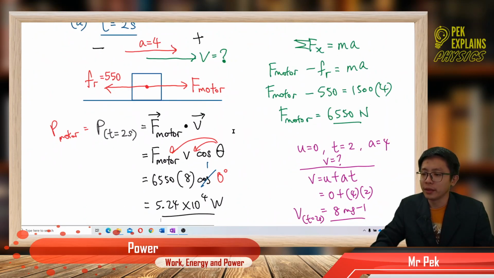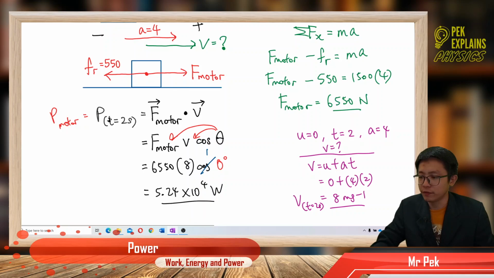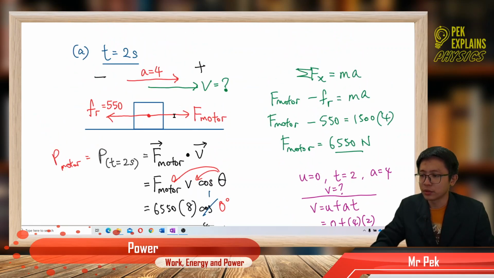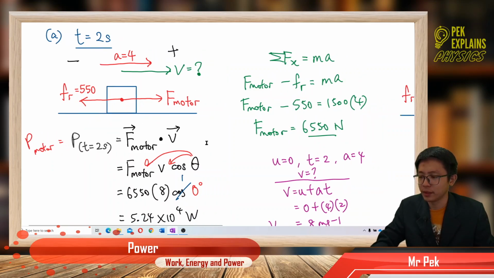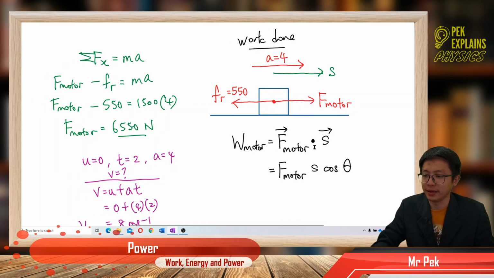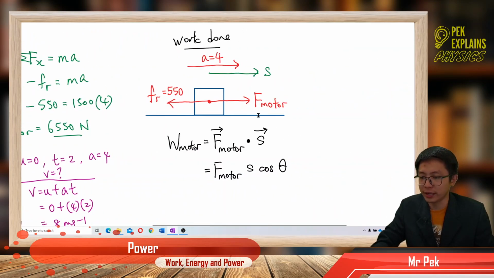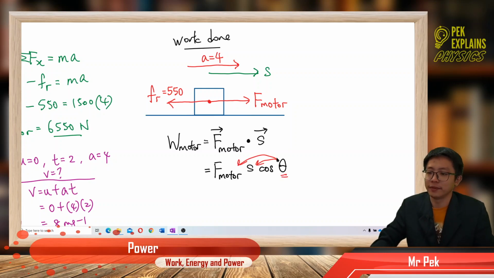So you see, there's similarity between power and work done for instantaneous power. If we want to find power, we use F dot V. If we want to find work done, we use F dot S. For work done, we draw displacement, and the angle theta is between force and displacement.